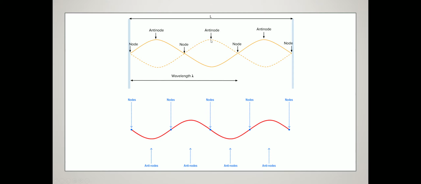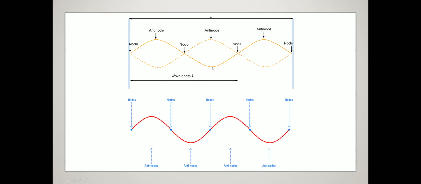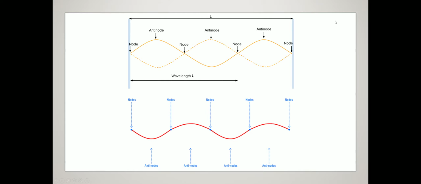Rather, they're just at the highest or the lowest point. So those are antinodes. I think that should be easy to understand. So nodes are at the equilibrium, and antinodes are the points at which there is the greatest displacement.